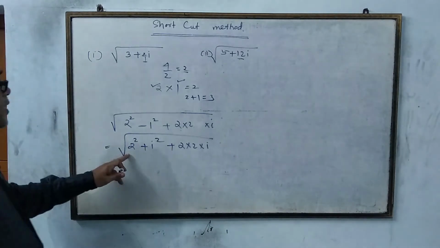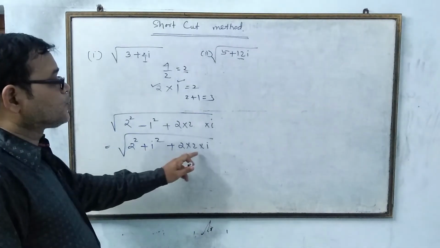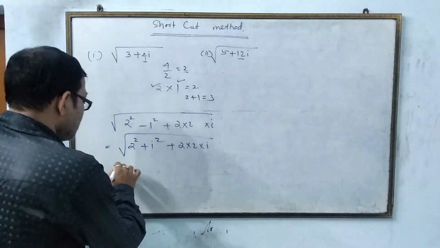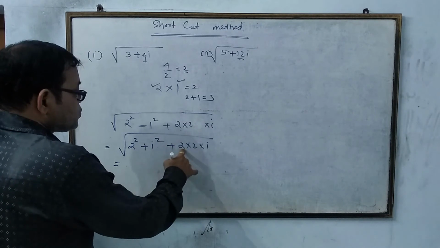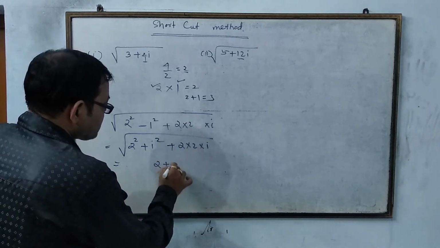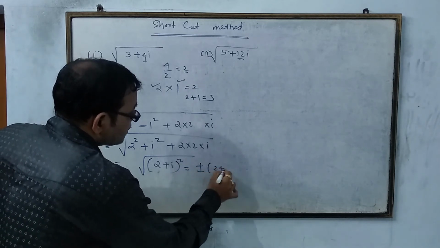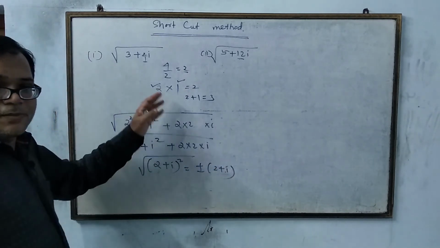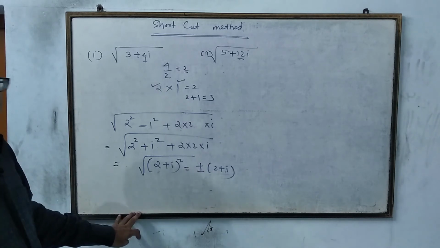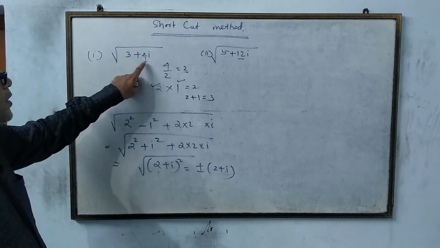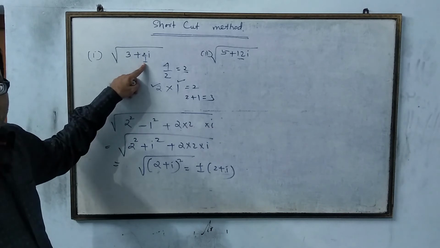So 2 square plus i square plus 2 into 2i gives a square plus b square plus 2ab, which is a plus b whole square under root. Isn't it a shortcut method? But this method is applied only when the imaginary part is an even number.